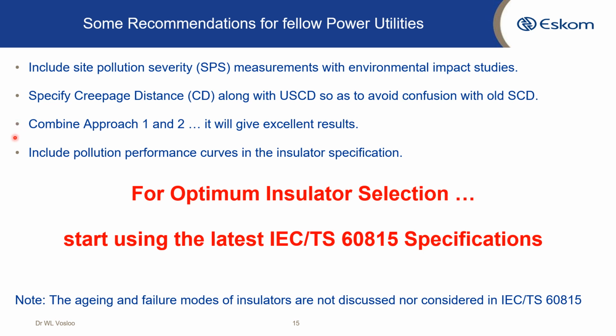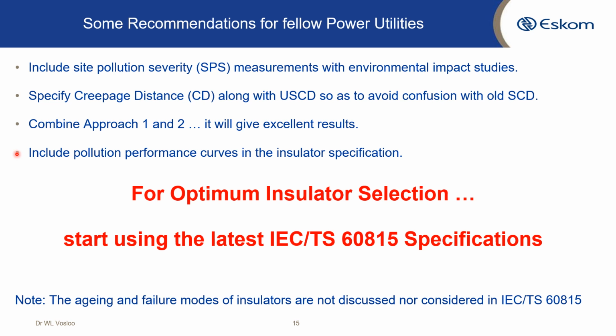And by including your pollution performance curves into your insulator specification, you would find that you can optimize your insulator selection. And so specify the pollution performance curves and specify it for specific values you would like to have the baseline tests done. And as we showed in the presentation today, it is really a very good option.